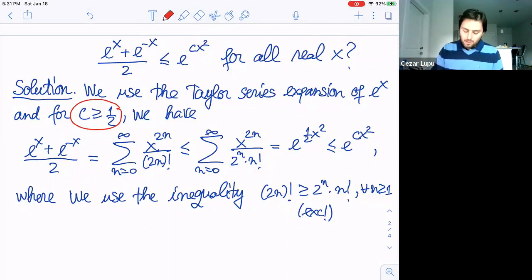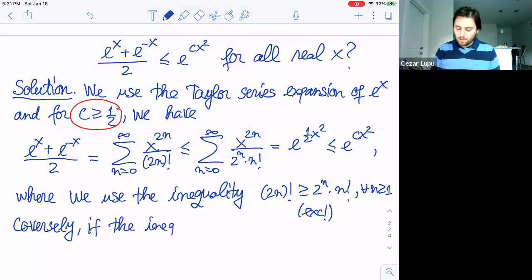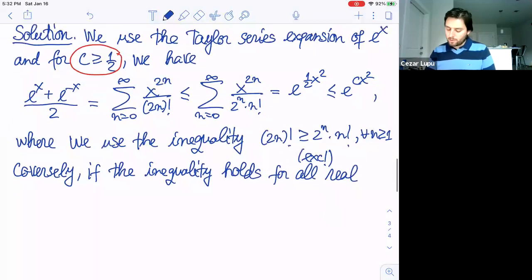All right. And now let's see the other way around. So conversely, if the inequality holds for all real x, we would like to show that c is 1/2.